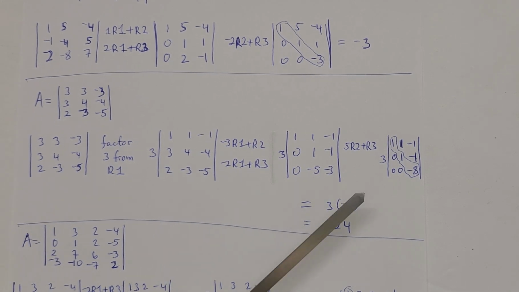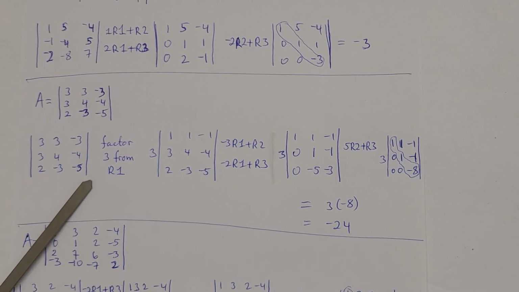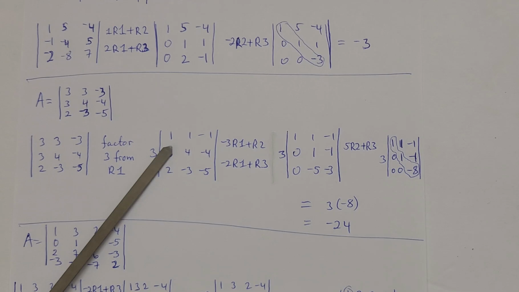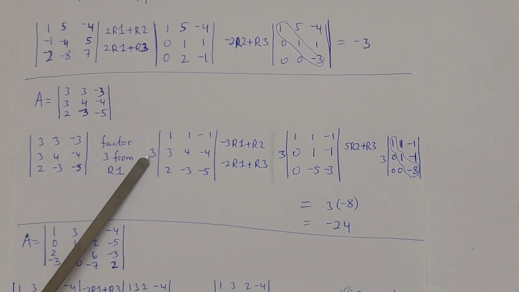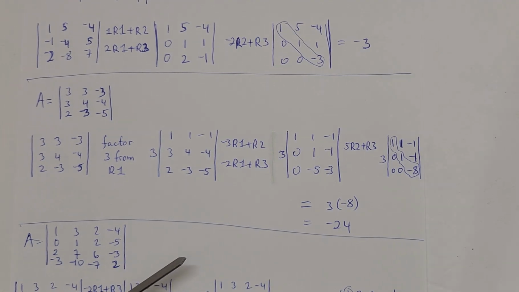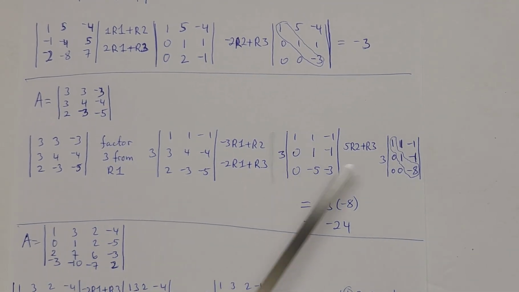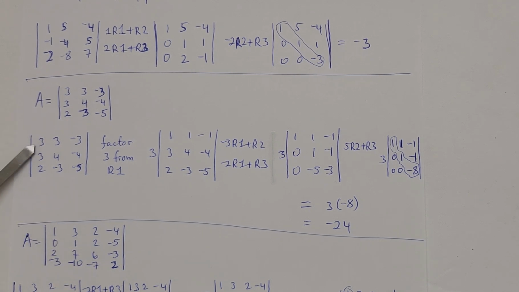Again, this right here doesn't have to be a 1, but for the purpose of using a scalar, I'm going to change it to a 1, so that I can bring this 3 with me all the way through to the end. If you remember the rule from finding the determinant by row operation, if I have a scalar, I have to bring it with me. Again, to find the determinant, this 3 doesn't have to be a 1.